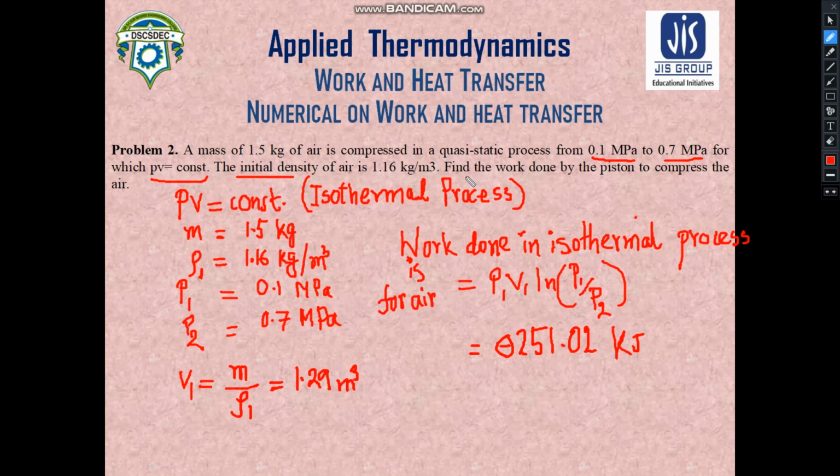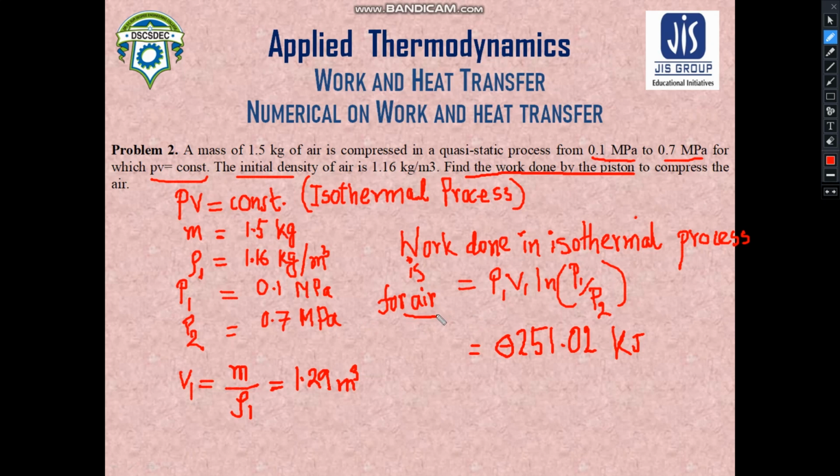But the question is to calculate the work done by the piston. So the piston is the surroundings. I'm sorry, I may be complicating things, so let me tell you frankly. Air is our system here, piston is our surroundings here.